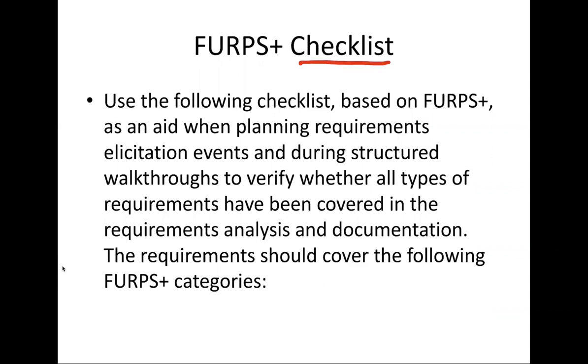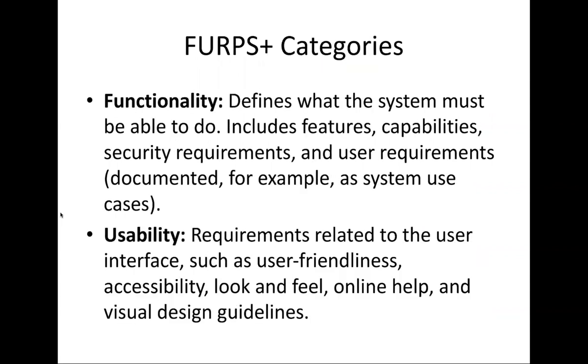The requirements should cover the following categories underneath the FURPS, as follows. Functionality: you have to define what the system must be able to do, including features, capabilities, security requirements, and even user requirements. Of course, you have to keep documenting them.